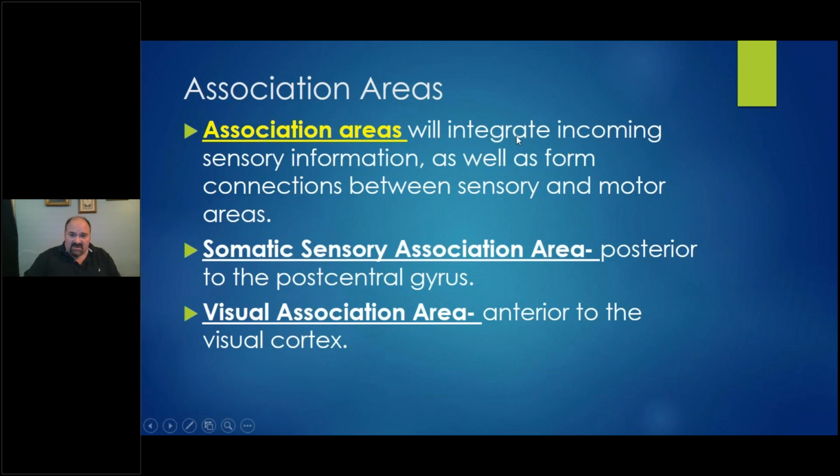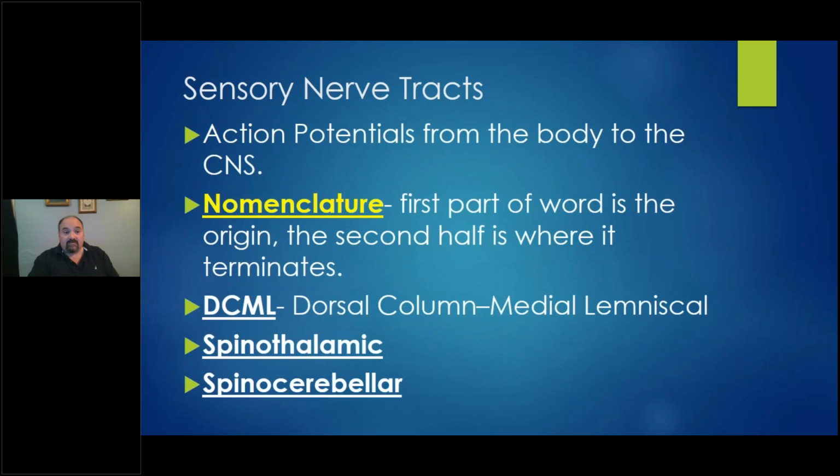They integrate incoming sensory information, as well as form connections between sensory motor areas. And know that in the frontal lobe, regarding your motor functions, there are association areas also working in conjunction with the precentral gyrus, the primary motor cortex. But we're looking at sensory right at the moment.